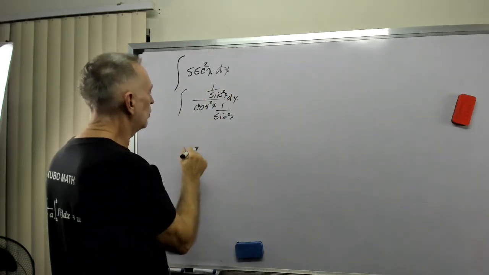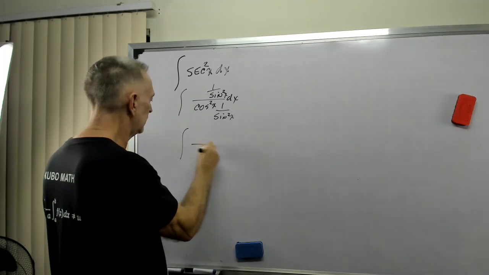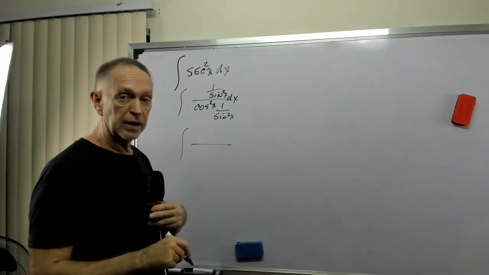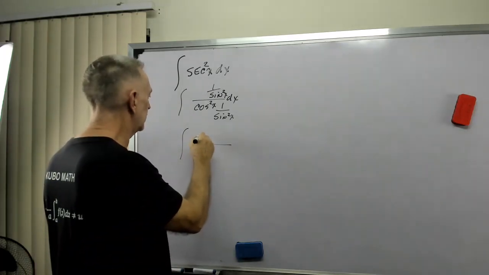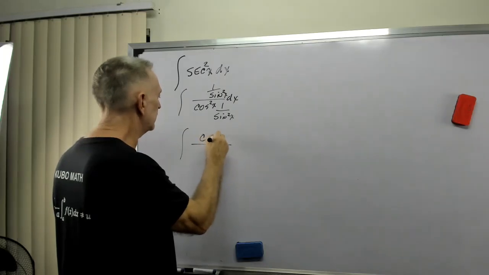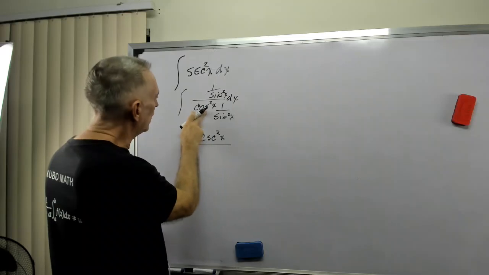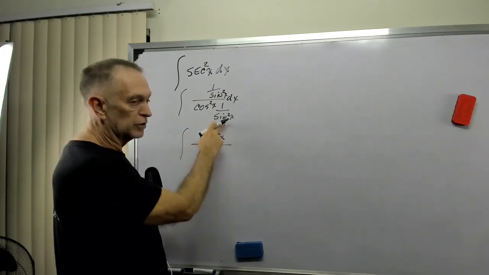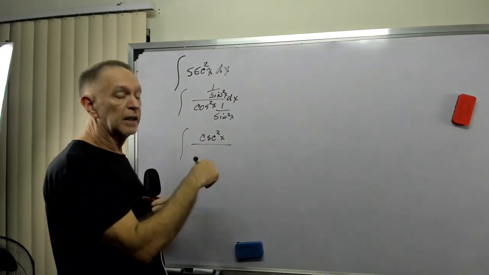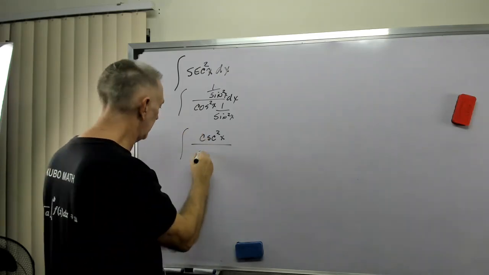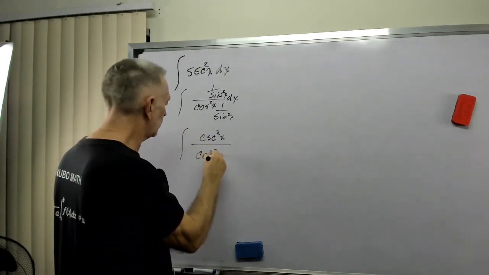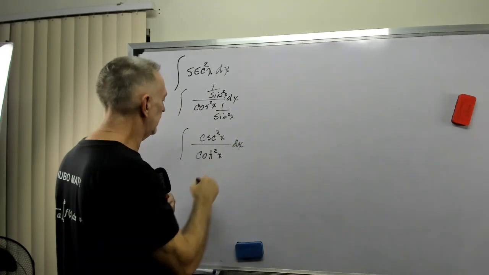What is 1 over sine squared? 1 over sine squared is cosecant squared. So I have a cosecant squared x for this. Now I have cosine squared x over sine squared x. So cosine over sine is cotangent. So I have cotangent squared x dx.